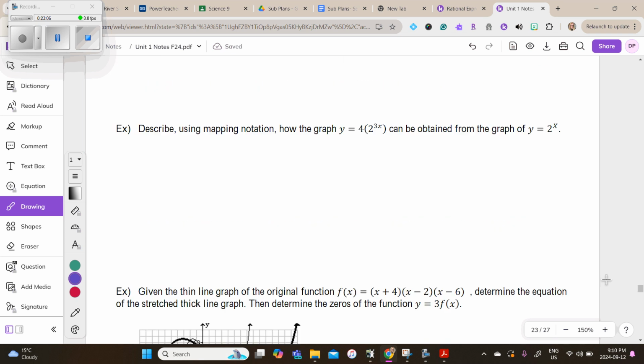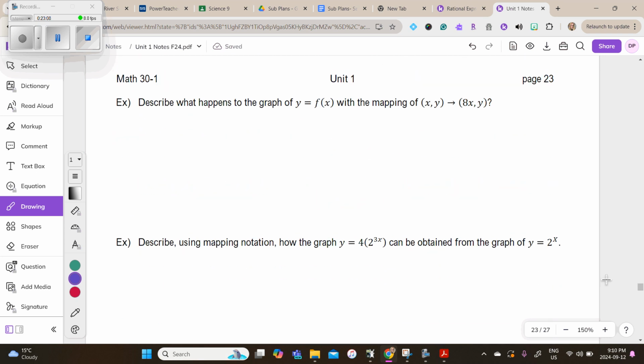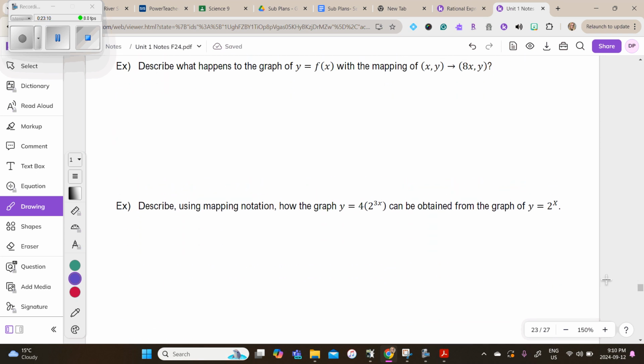Next example. Describe what happens to the graph y equals f of x with the mapping of x comma y produces 8x comma y. So there are many different ways that you can attempt a question like this.